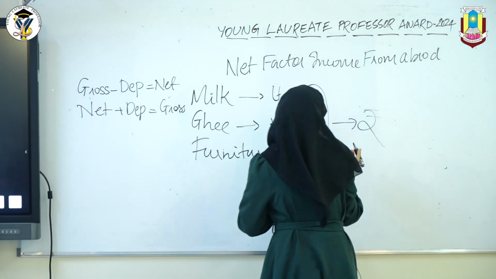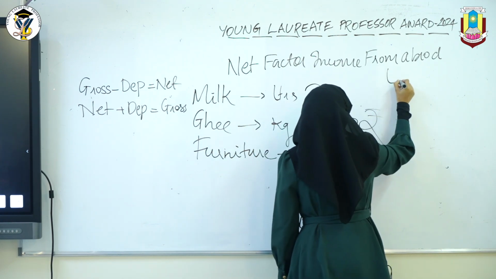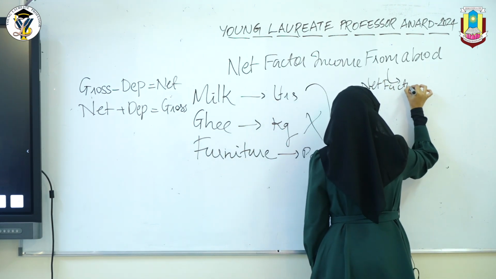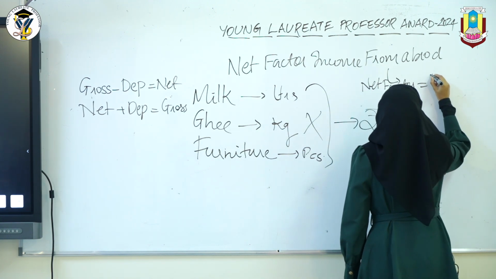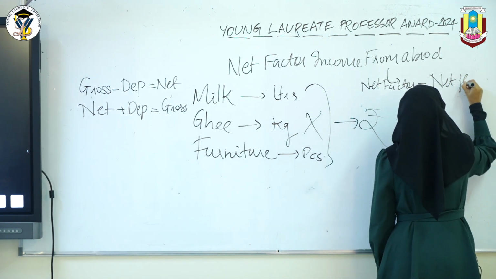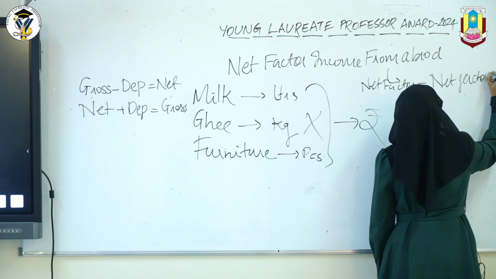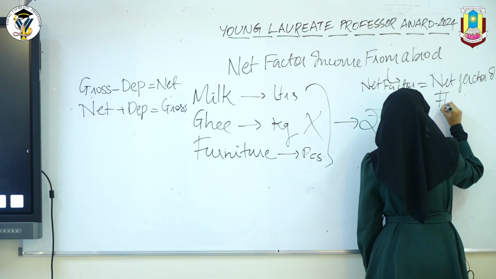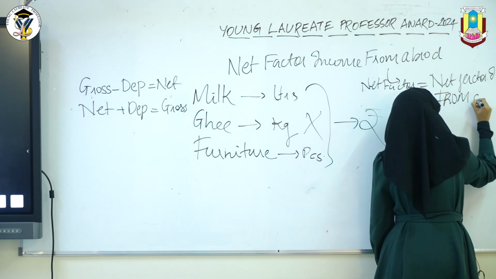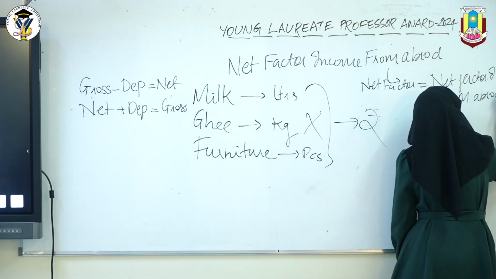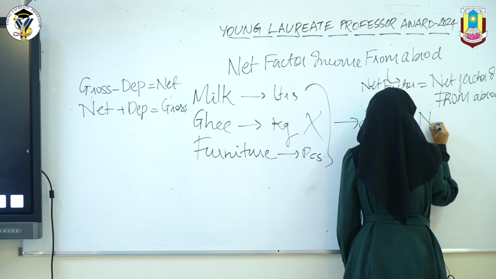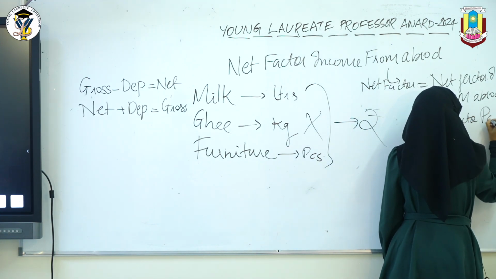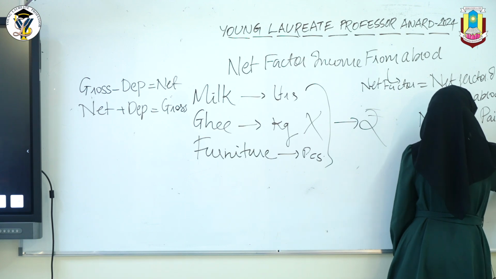This has a formula: NFIA is equal to net factor income from abroad minus net factor income paid to abroad.